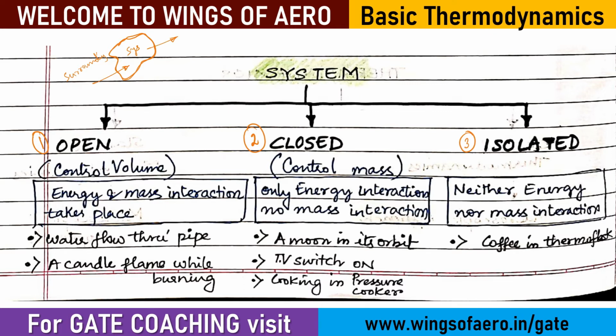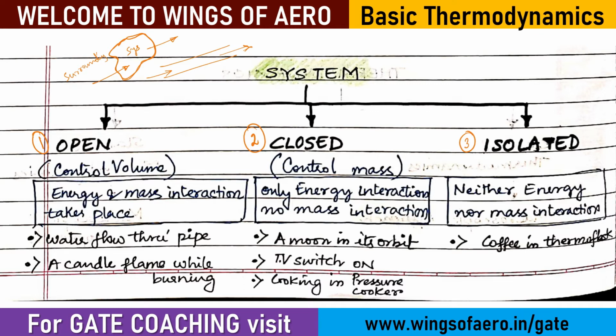For example, there is a pipe. There is one inlet, one exit, and the flow is moving from one end to another end. So this is an open system: the mass or the energy is transferred.